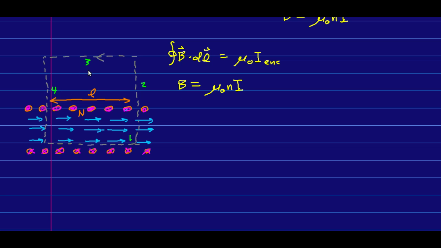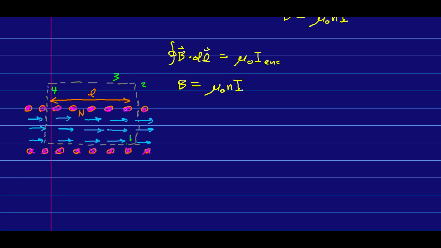The other thing to realize is that I argued that the B field out here where line 3 is 0, because if I'm far enough away, then the field due to the nearer currents and the field due to the farther currents should cancel. However, notice that now, again, by the same sort of argument, if I just shift this line 3 in closer to the solenoid, but still outside it, once again, I haven't changed the encircled current, and so again, the whole argument plays out the same way.